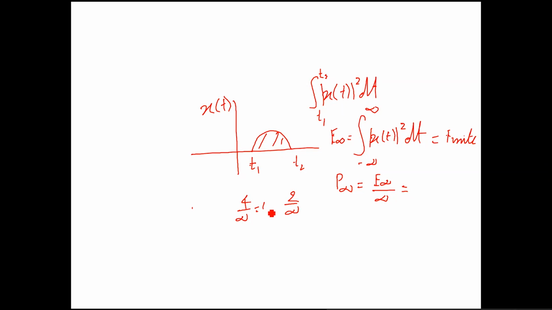It should be 0. 1 over infinity is actually 0, or any constant k divided by infinity is equal to 0. So if you have a finite energy, then if you want to find out the average over the entire duration, that average is going to come out to be equal to 0. Understandable?